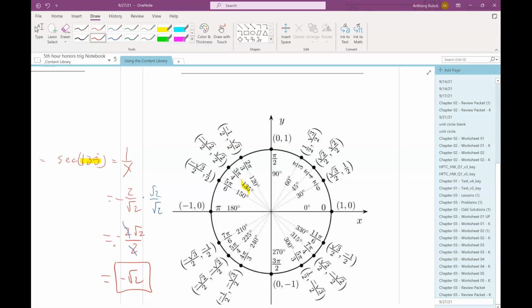Paul? So it's not one of the sine, cosine, or tangent. You're going to have to do the reciprocal for the other. Cosecant is the reciprocal of sine. Secant is the reciprocal of cosine. Cotangent is the reciprocal of tangent. But tangent was y over x.